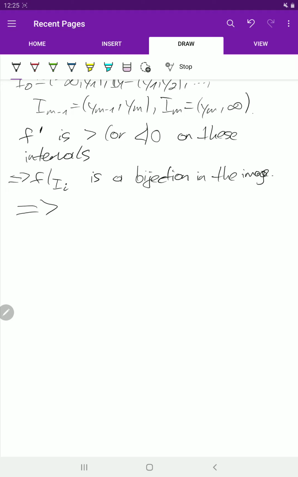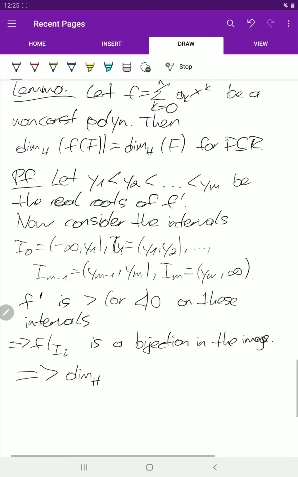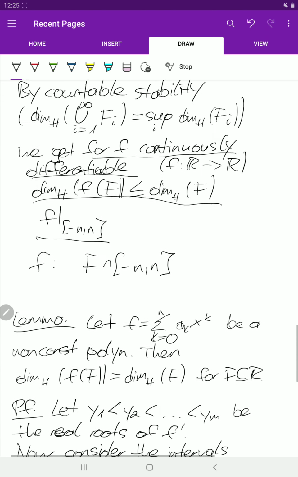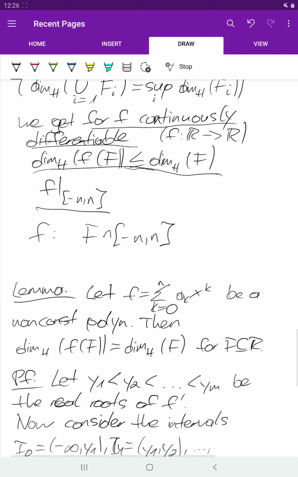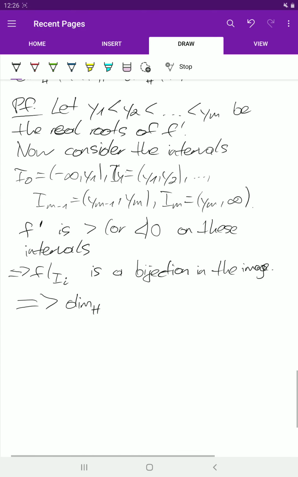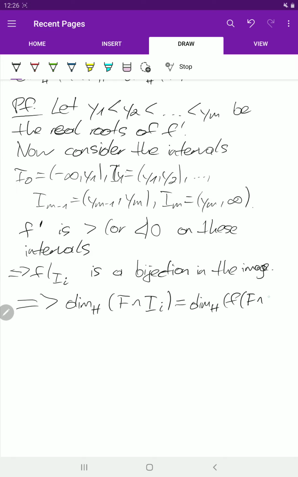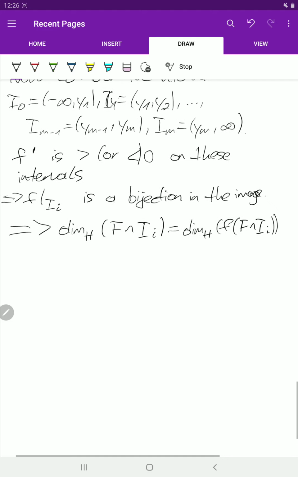So now we use what I mentioned before. So we use this inequality here, and as it's a bijection, we get equality, as I said, because the inverse is again continuously differentiable. So we get that this dimension is equal to the dimension of f of the intersection with I. Okay, so of this image.